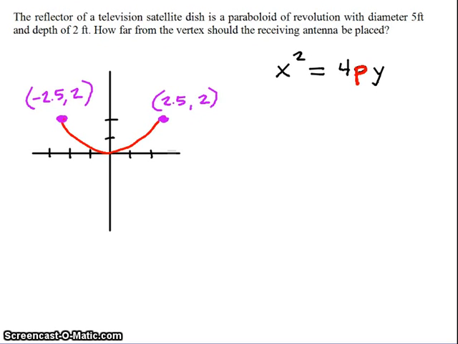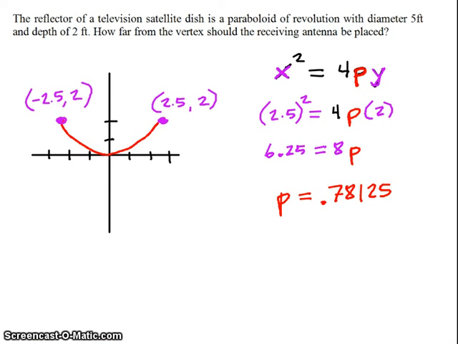So we have two points here, and we want to figure out the p-value. So let's go ahead and plug in the point. We're going to plug that point into the x and the y value, and then we're going to solve for p.